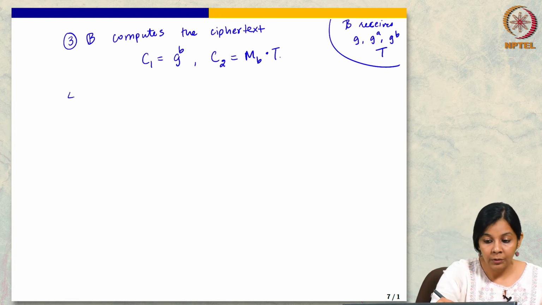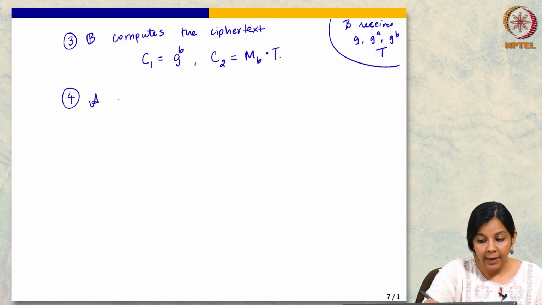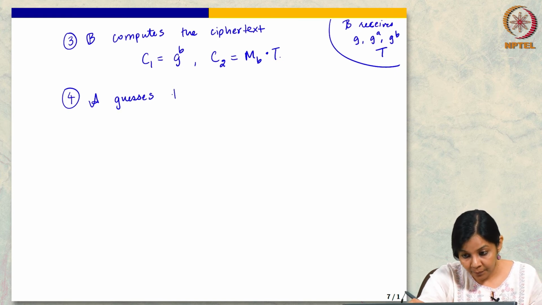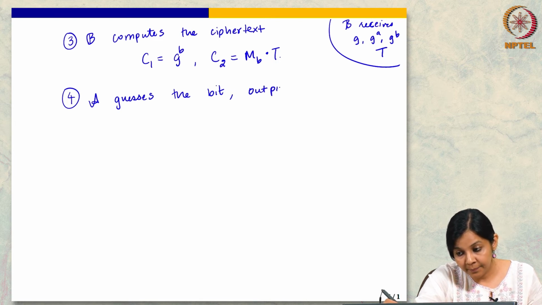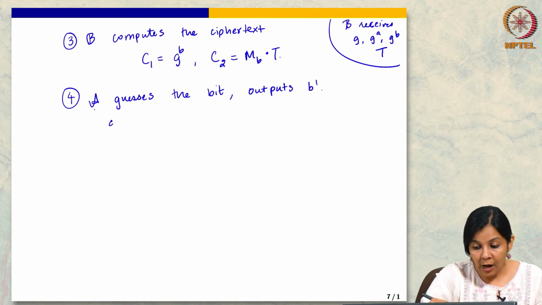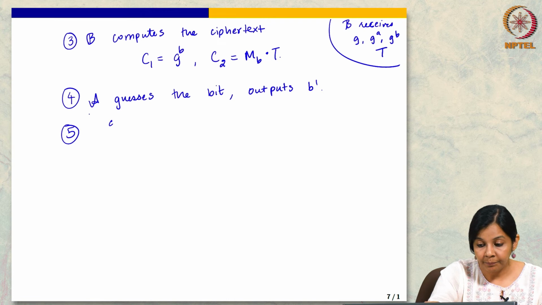Now, A guesses the bit, right. So, let us say it outputs B prime. So, now what does B do?